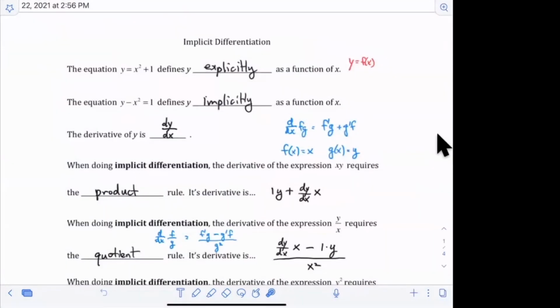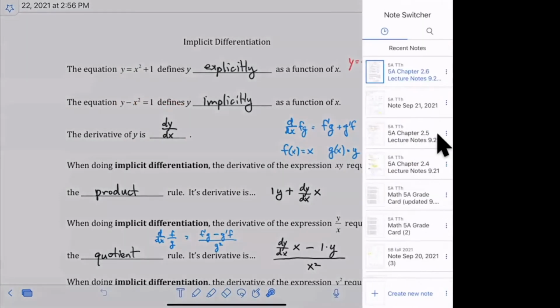when we can write something as y equal to, that defines y explicitly. Explicit means I'm telling you very directly what the function looks like. If I embed my y inside of an equation, then it's not y equal to something, it's y is involved in some expression, in some equation. So that means that y is defined implicitly. Now, in this case, I could solve for what y is by adding x squared to both sides.